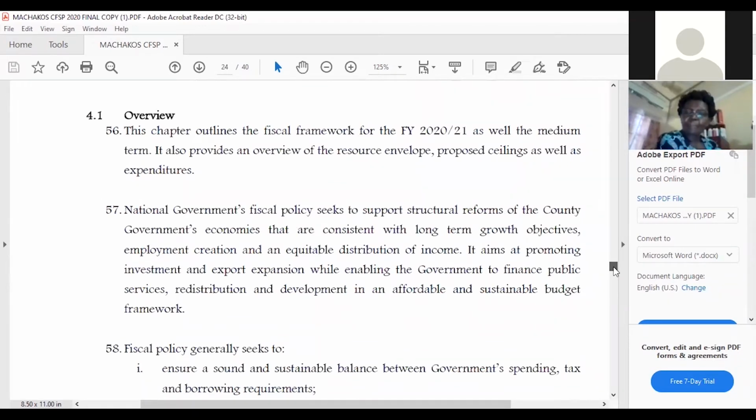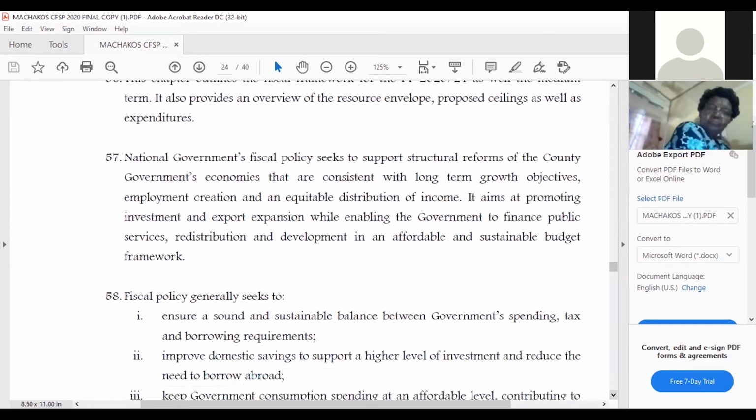So this chapter outlines the fiscal framework for the financial year 2020-2021, as well as the medium term. So 2020-2021, as we are speaking right now, is the current year that we are in, all right? So it also provides an overview of the resource envelope, proposed ceilings, as well as expenditures.